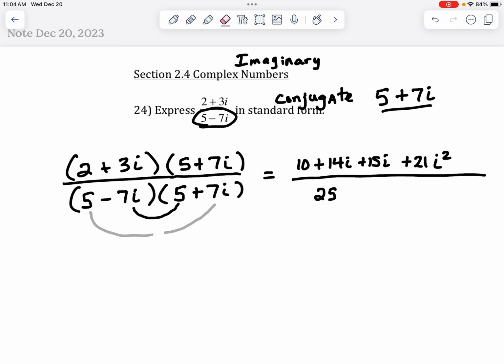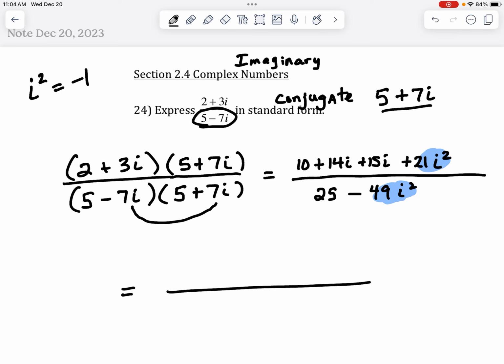That's one of the great things about conjugate. Then we just need the last one times the last one, which will be minus 49. And then i times i is i squared. And then remember that i squared is equal to negative 1. So we can change that right here and change that right here.